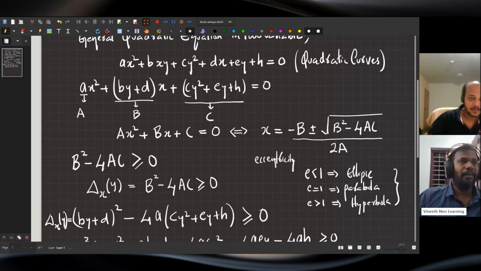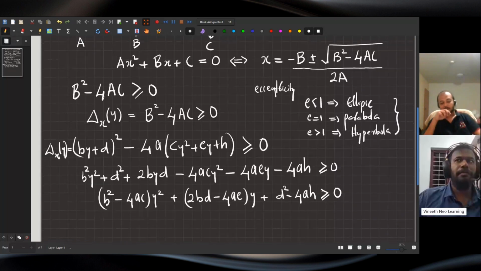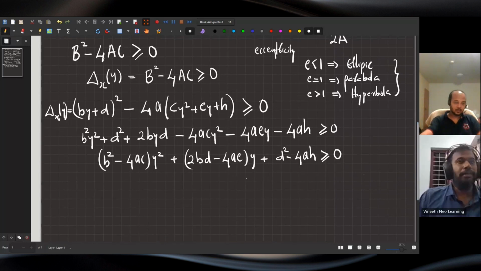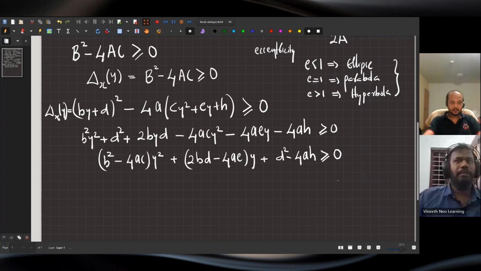We have just done some manipulations and arrived at this equation. And we have imposed a condition that x and y should always be real. That condition is this inequality.